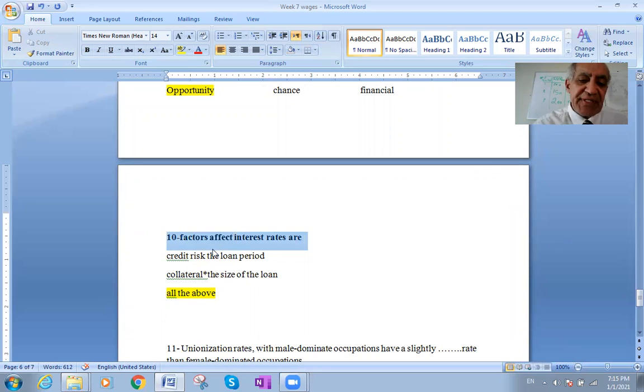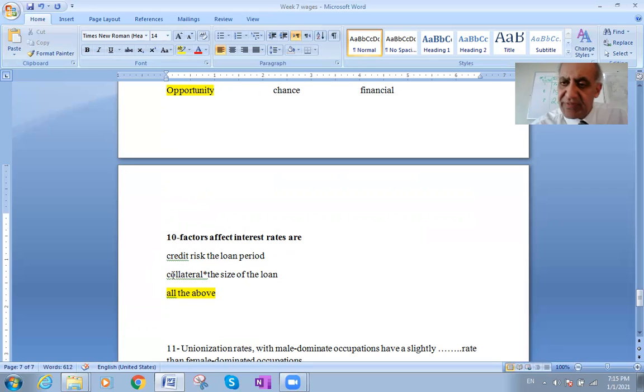Factors that affect the interest rates are the credit risk. We said the higher the risk, the higher the interest rate required. Collaterals: if you don't have enough collaterals, then this will be risky, so I will ask for more interest.